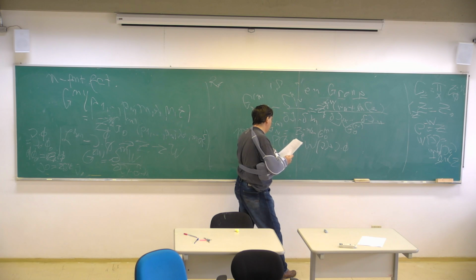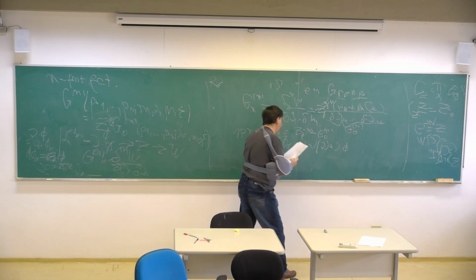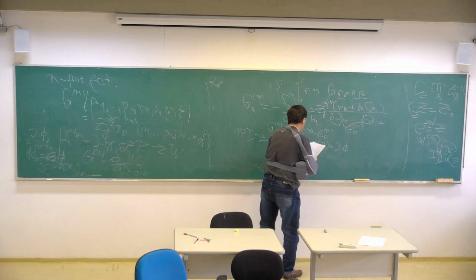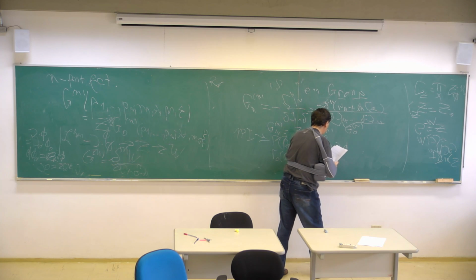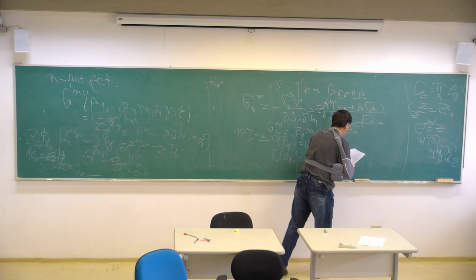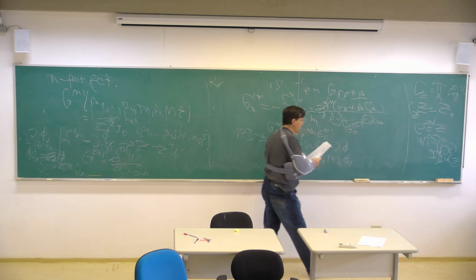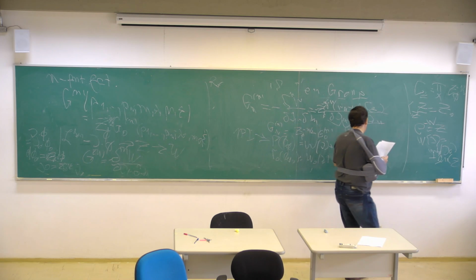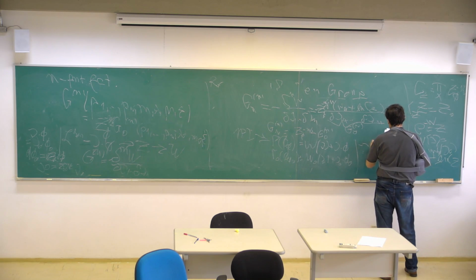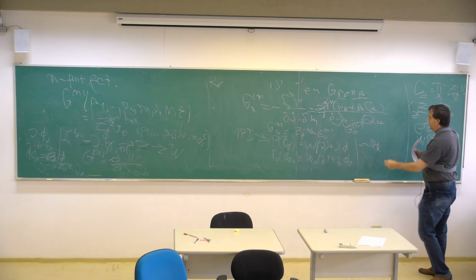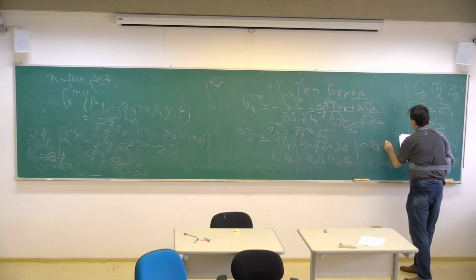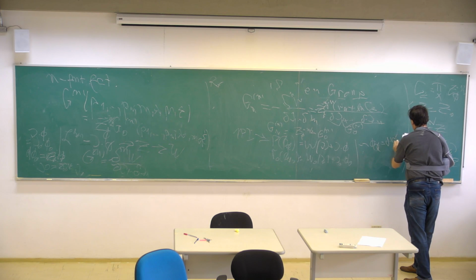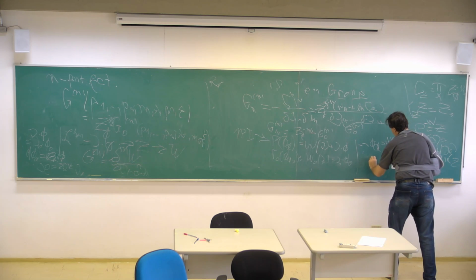And then we can also write the same thing for the bare objects. Meaning, as usual, that the classical field is the derivative of W with respect to J, with a minus in front. And the same for the bare one.